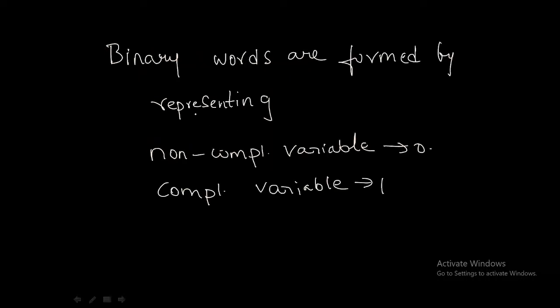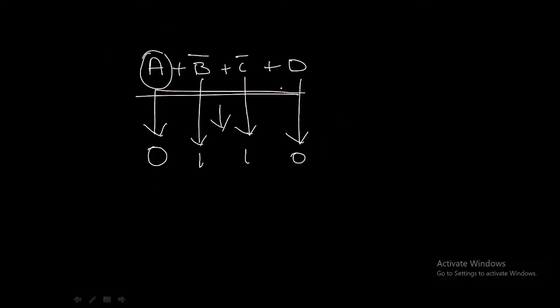Here the complemented variables are equal to 1 and non-complemented variables are equal to 0, whereas in case of minterms, the complemented variables are 0 and non-complemented variables are 1. That we have already seen. And this is equal to capital M6. So this is the max term for this particular Boolean expression.